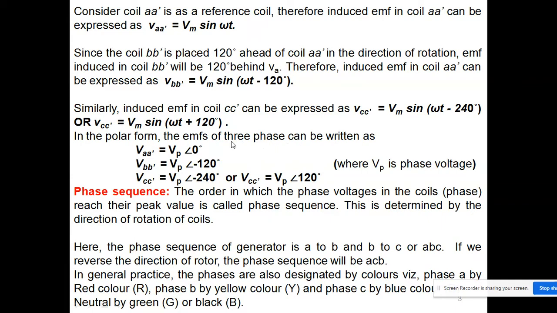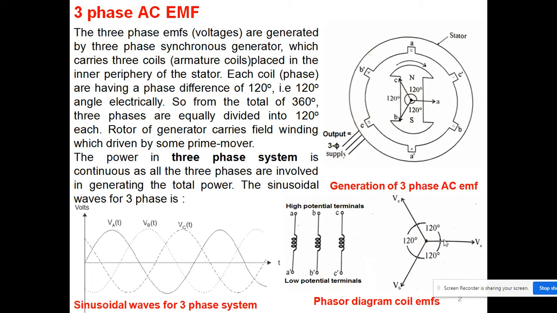You can write the phasor notation of this. The phasors are nothing but the phase voltages, and these are the angles: zero phase angle, minus 120, and minus 240, or you can say 120. You can easily see this from the diagram, because our V1 is here. This one is 120 behind, and this one again 120 behind.